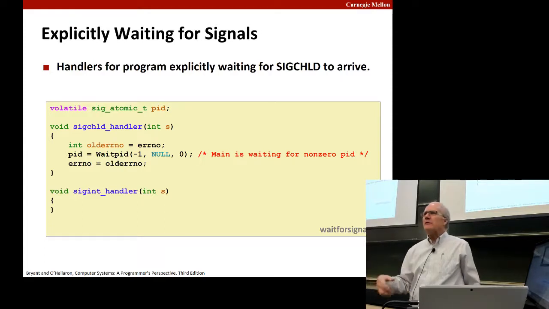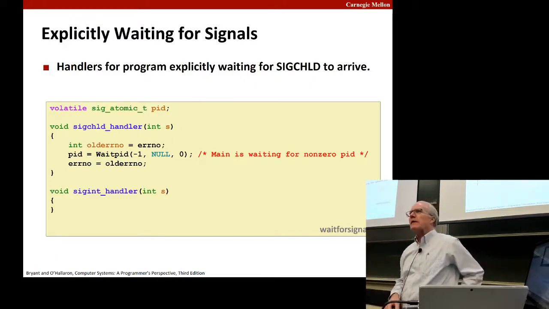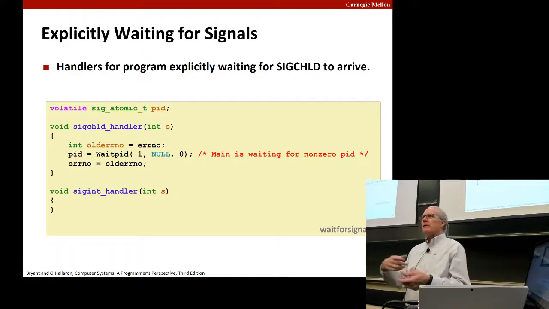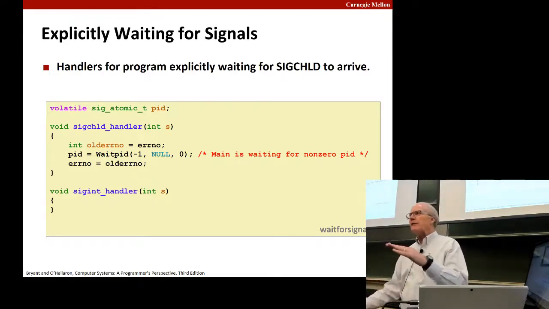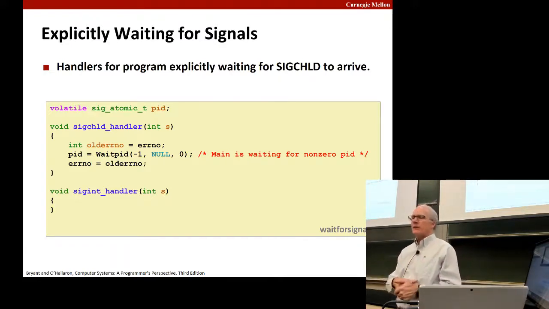So SIGCHLD is a signal that gets sent when a child completes. This SIGCHLD signal gets sent to the parent. And that's the mechanism by which the parent can know, oh, my child's done. So what you'll do in a shell, if you're creating background jobs, is you'll fork it, you'll let it run in the background, and then when it completes, the SIGCHLD signal will come, and I'll have a handler for SIGCHLD that will do whatever it takes to finish off that operation.